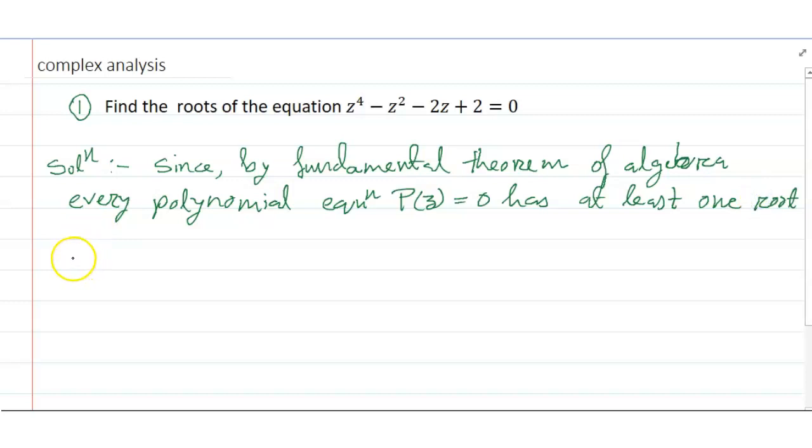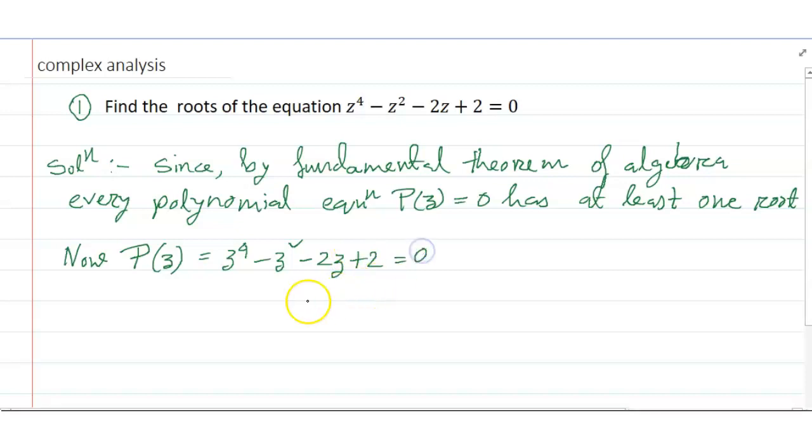So friends, now p(z) = z^4 - z^2 - 2z + 2 = 0 has at least one root. Has at least one root means we can get one root in here.